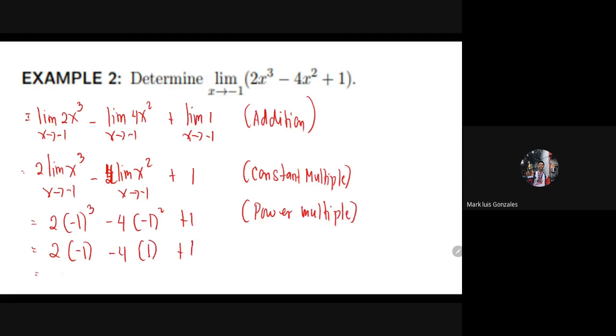So 2 times negative 1 is negative 2, minus 4 because 4 times 1 is 4, plus 1. Negative 2 minus 4 is negative 6. Negative 6 plus 1, we have negative 5. And therefore, the limit of 2x cubed minus 4x squared plus 1 as x approaches negative 1 is equal to negative 5.